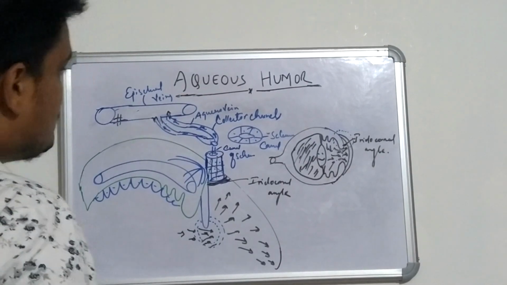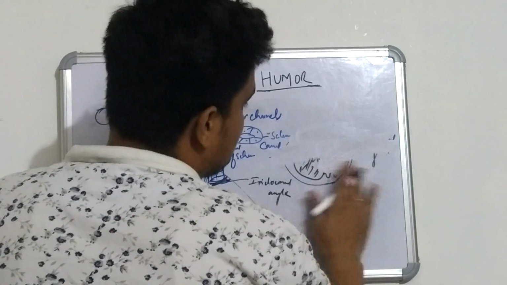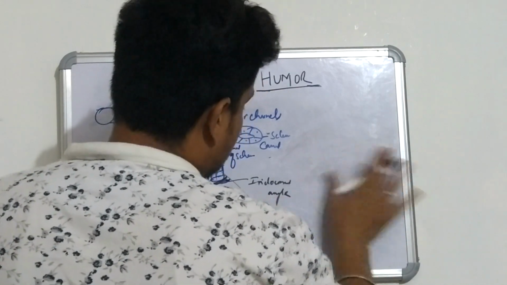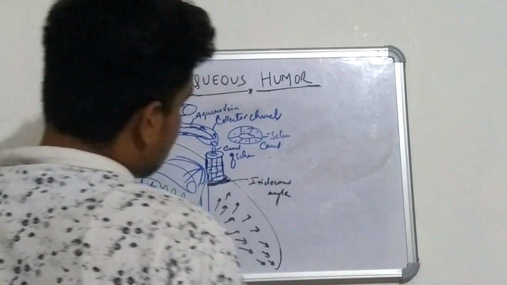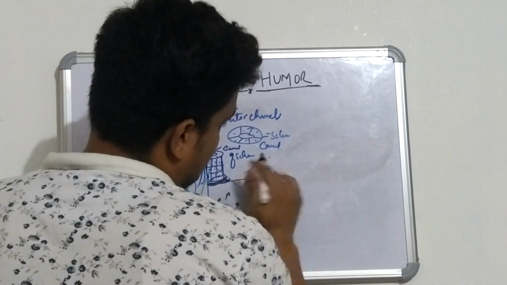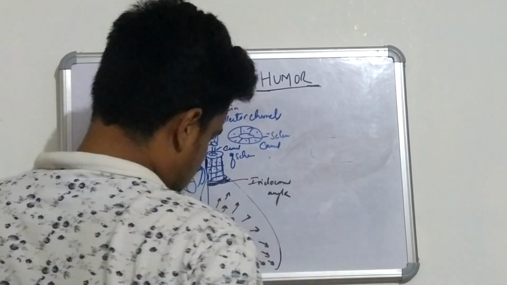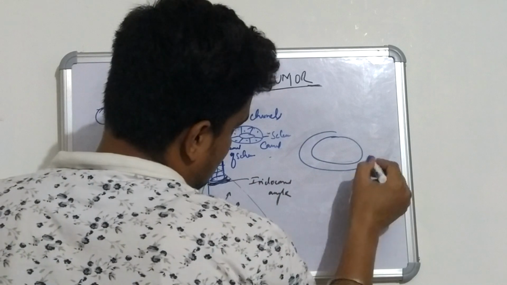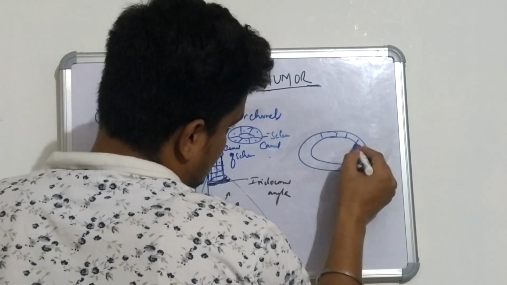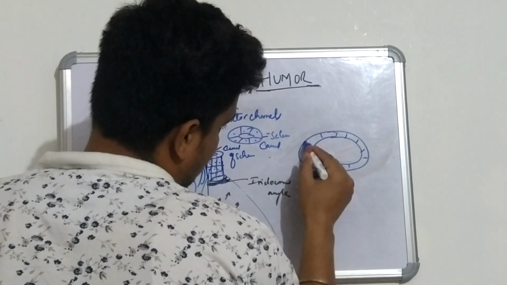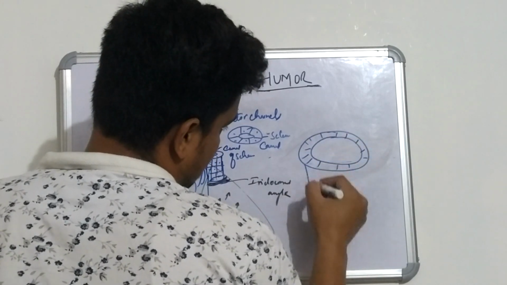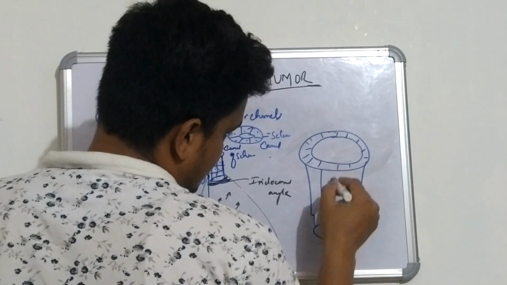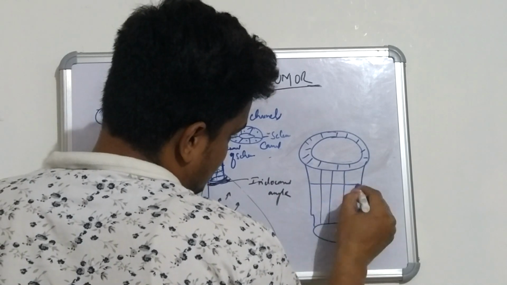So, let us make a big diagram here where we can understand the canal of Schlemm and the trabecular meshwork. This is the canal of Schlemm. These are the trabecular meshwork plates.